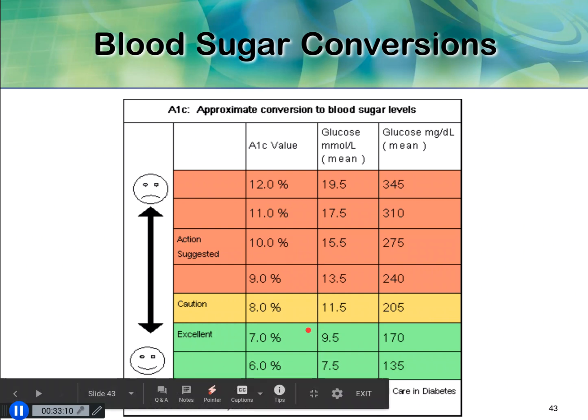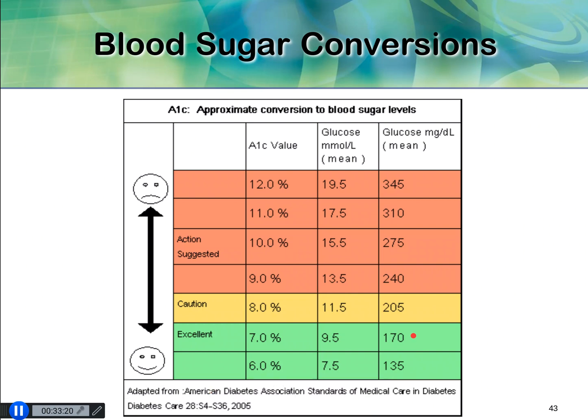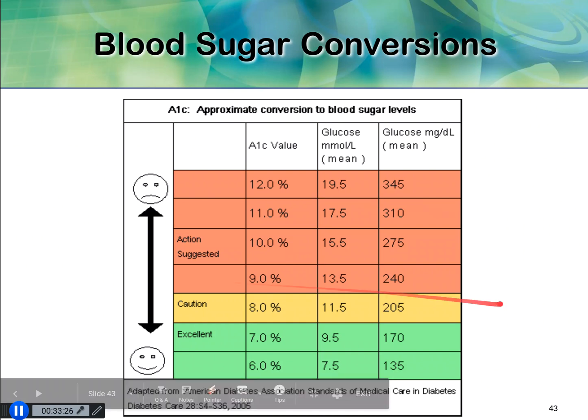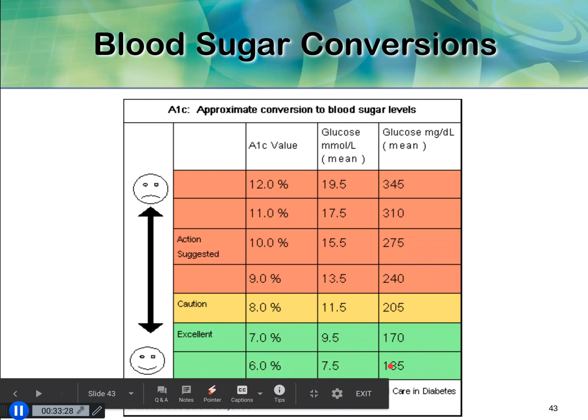And so for a diabetic, if they can get their A1C to 6 or 7, that means that their blood glucose level is probably 135 to 170, then that's doing pretty good for them, at least according to the American Diabetes Association. So that is the end of lesson 19.1.